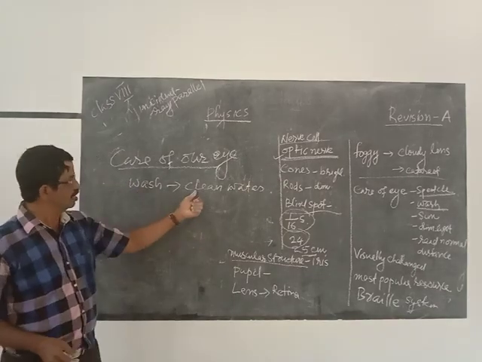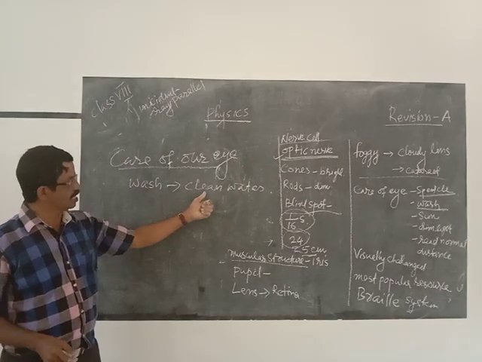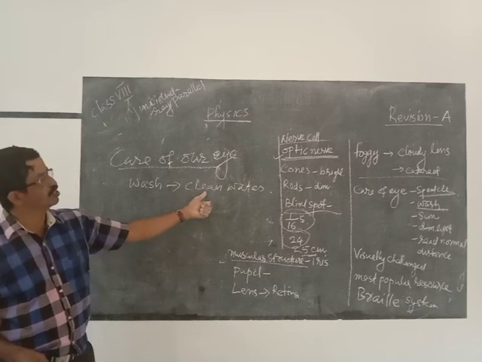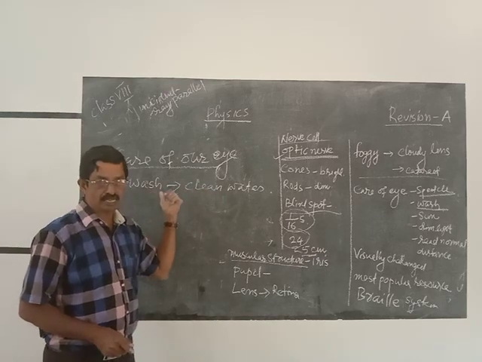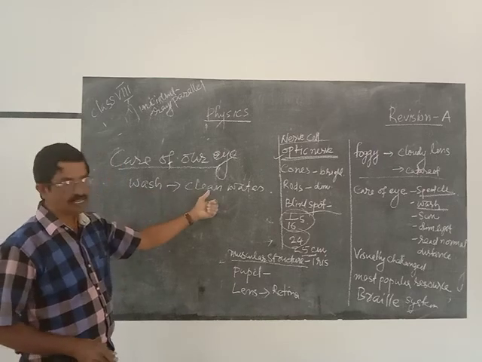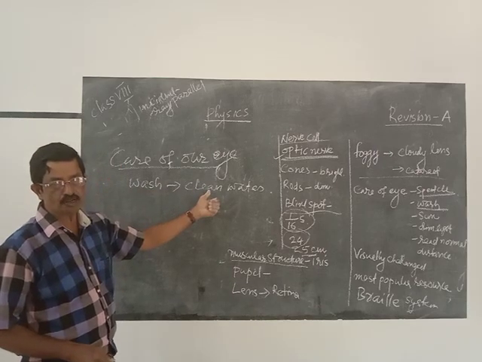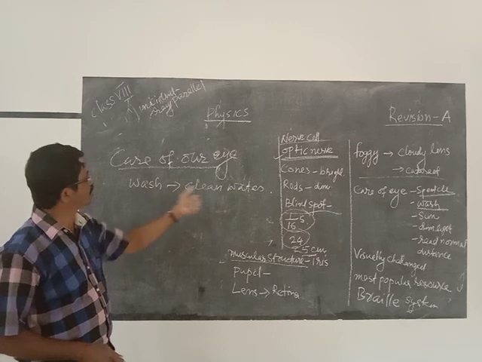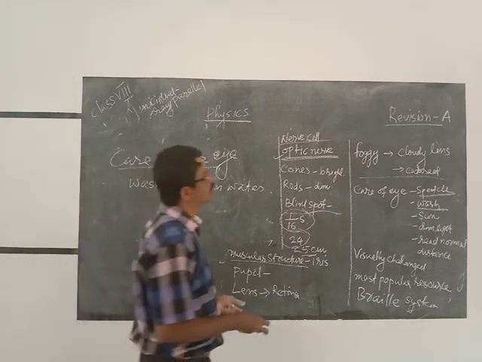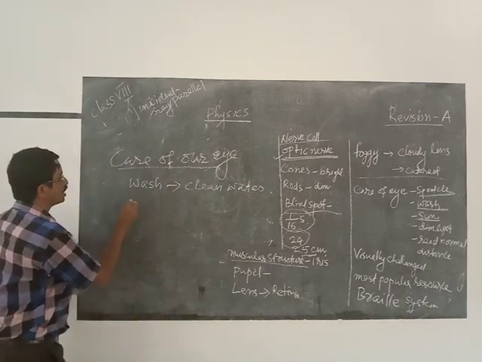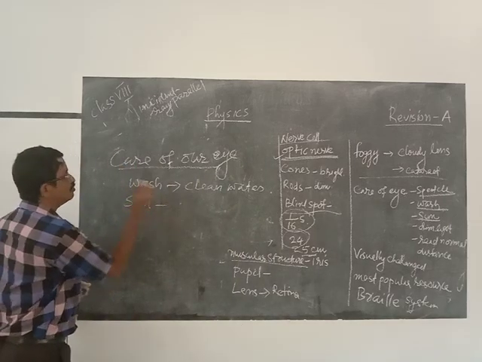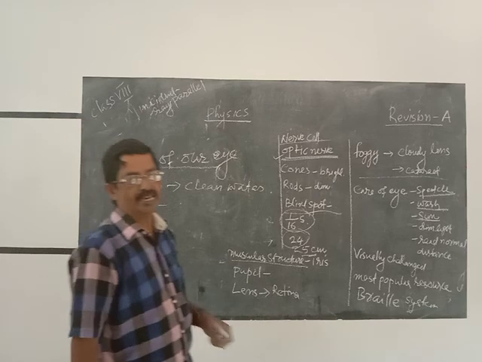So wash our eye with clean water regularly, so that our eye can overcome any kind of dust or other kind of particles. Then another one is do not look at the sun directly, because light from the sun is too intense.